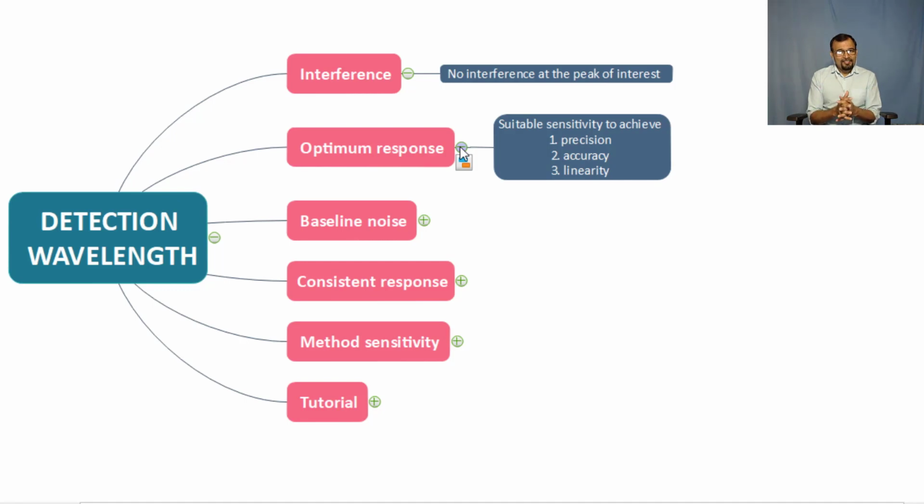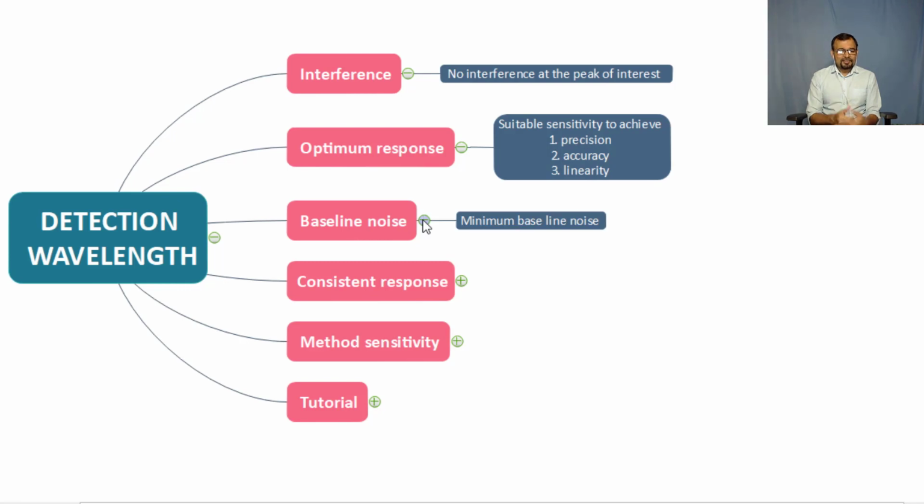For that reason, it is very important to understand whether the selected wavelength is able to give a precise, accurate and linear response to the peak of your interest. So always make sure that whatever wavelength you select is able to give a precise, accurate and linear response to the peak of interest.